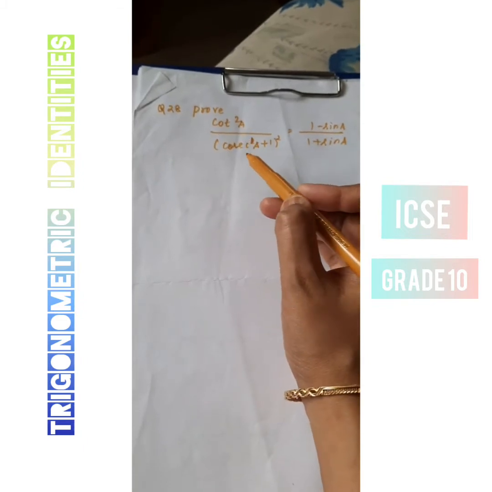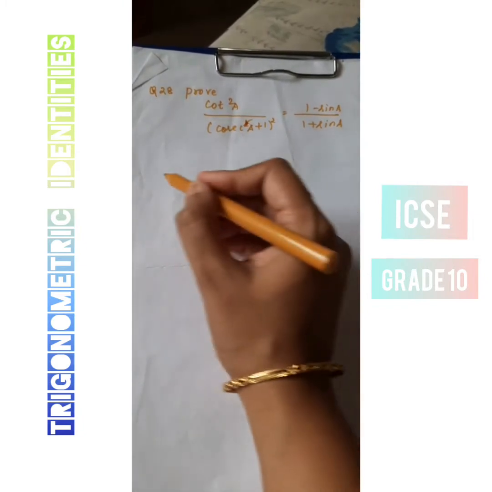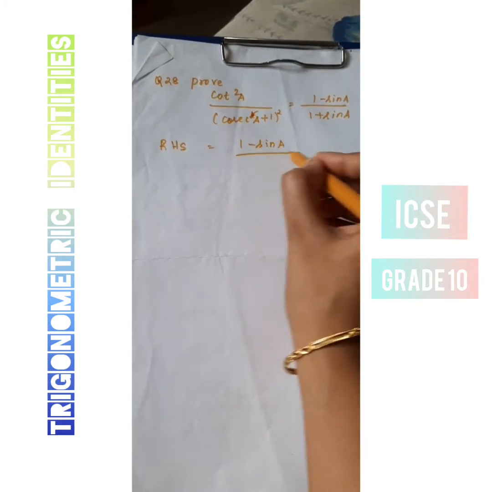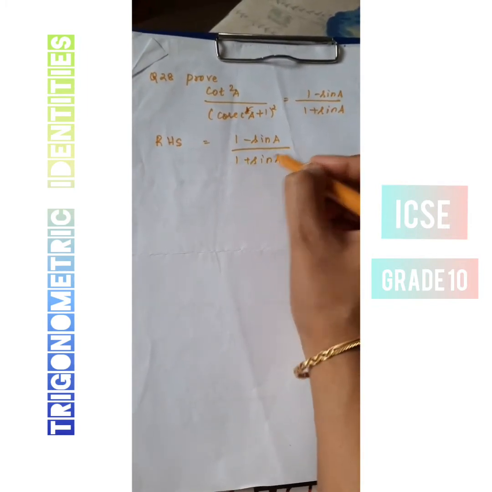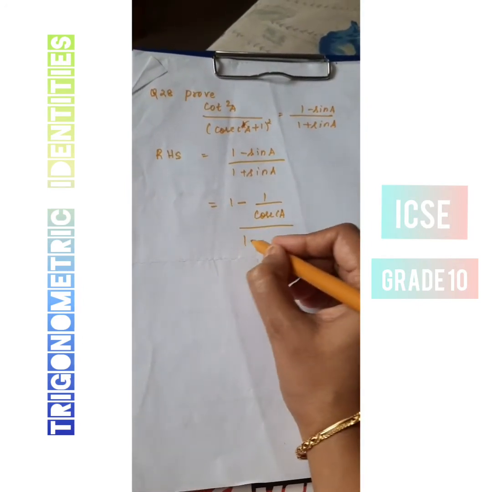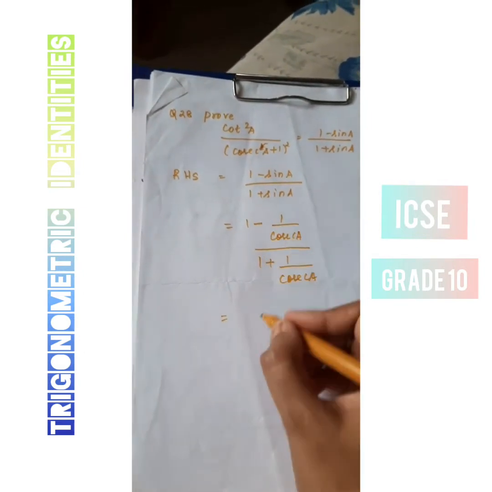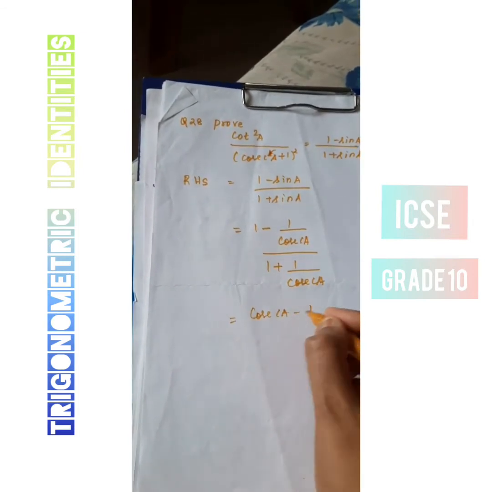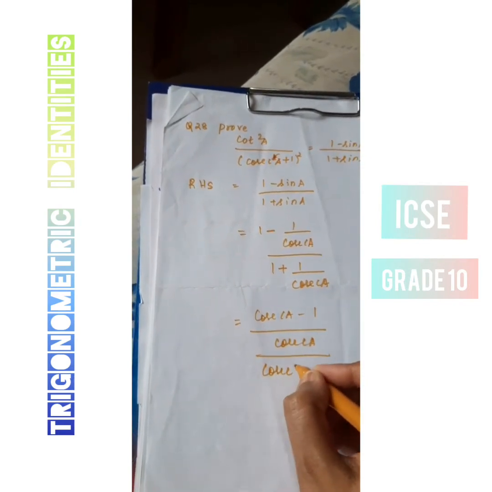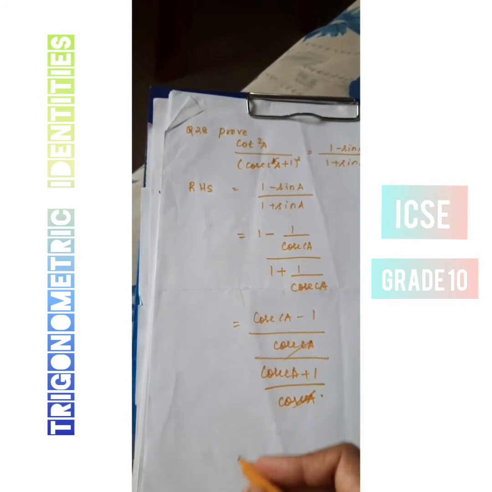Next, 28: cot square A by cosecant A plus 1 whole square equals 1 minus sin A by 1 plus sin A. So just take the RHS, that's 1 minus sin A by 1 plus sin A. Sin A can be written as 1 by cosecant A, and again sin A can be written as 1 by cosecant A. Taking LCM, it becomes cosecant A minus 1 by cosecant A divided by cosecant A plus 1 by cosecant A. Both cosecant A go off.